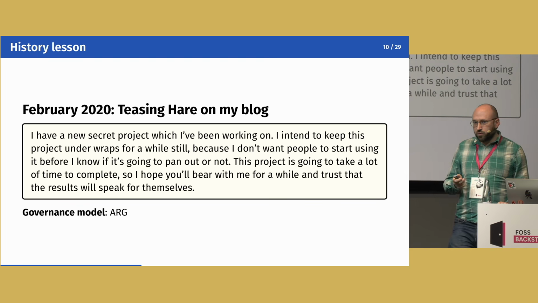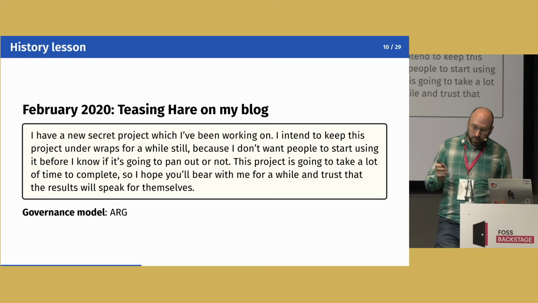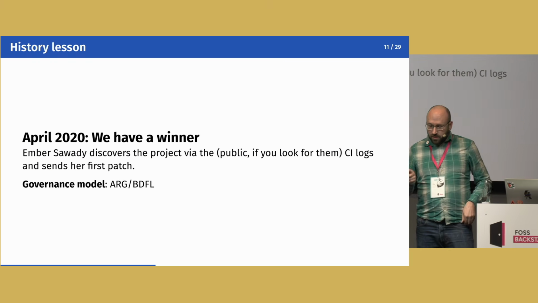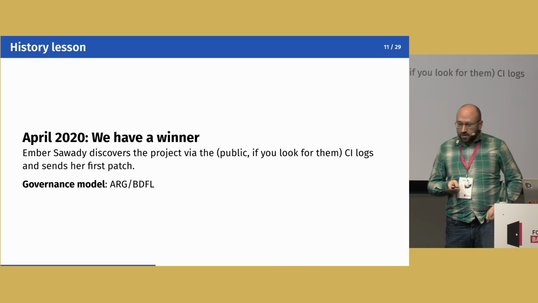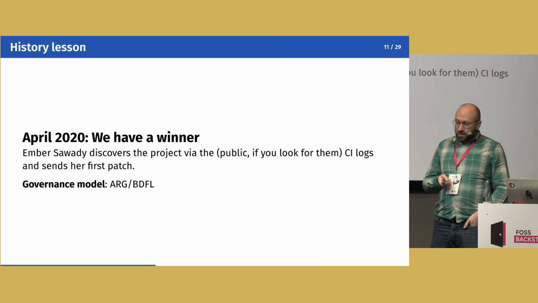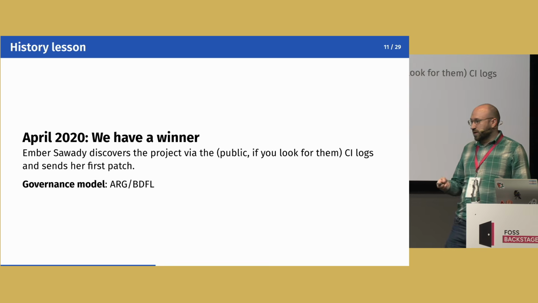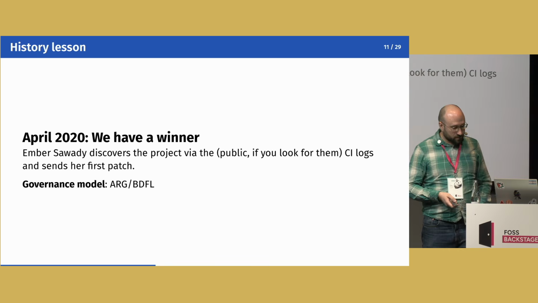And if you knew where to look, you could find them. It started kind of an Easter egg hunt. First person to win this Easter egg hunt was Ember Sawadi, who has since become one of the co-maintainers of the programming language. She sent her first patch after she discovered the project through the public continuous integration build logs.